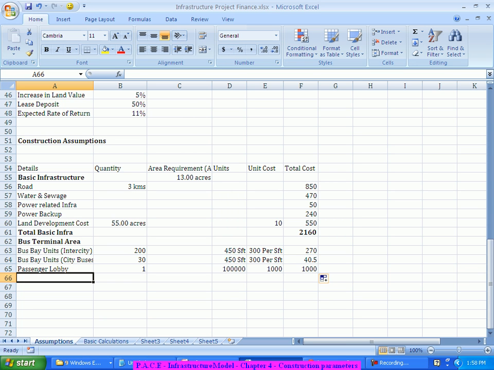And the bus fingers, there are 5 such with 25,000 SFT and 800 per SFT. Again, all these you can simply put the same logic. This is also going to cost you almost 1000 lakhs.